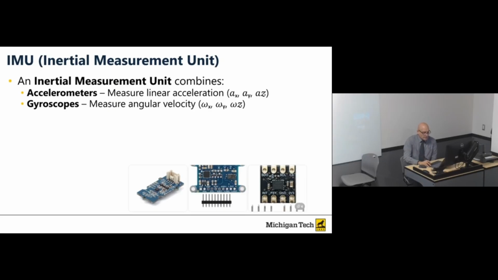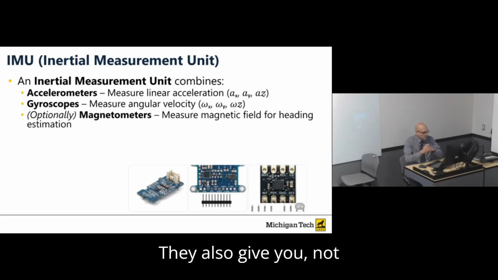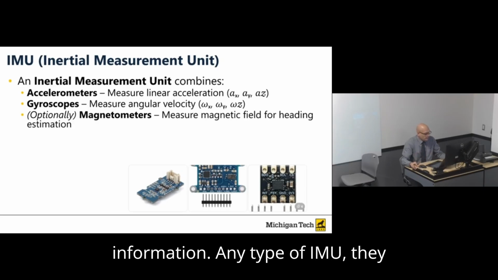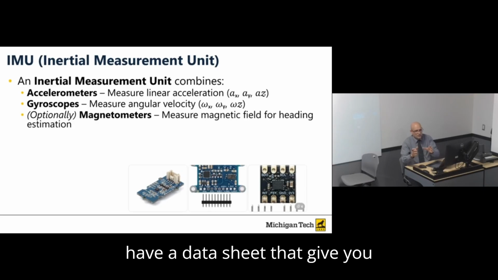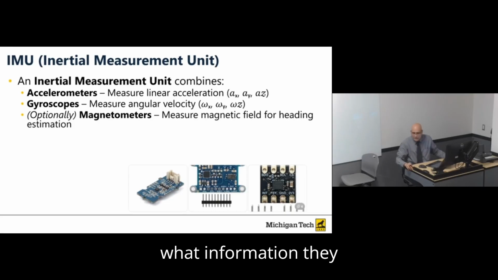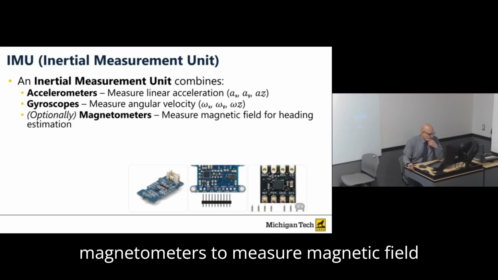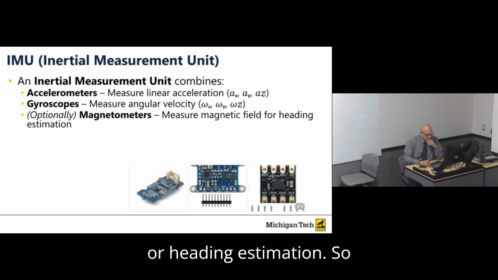And they also give you, not all of them, but they all have some information. Any type of IMU has a data sheet that tells you what information it gives you. They have magnetometers to measure the magnetic field for heading estimation.